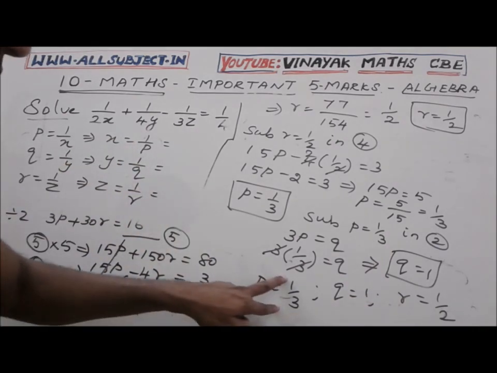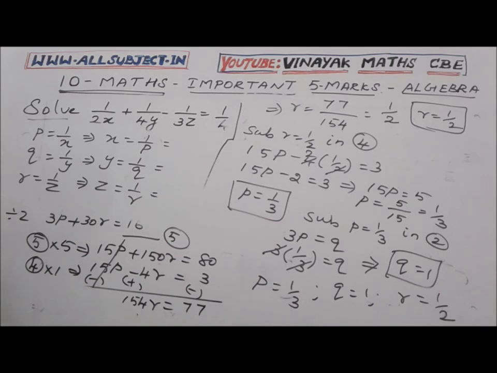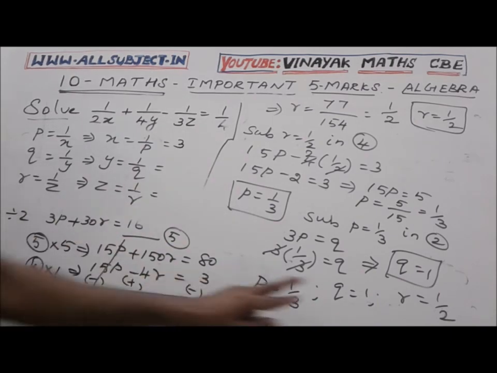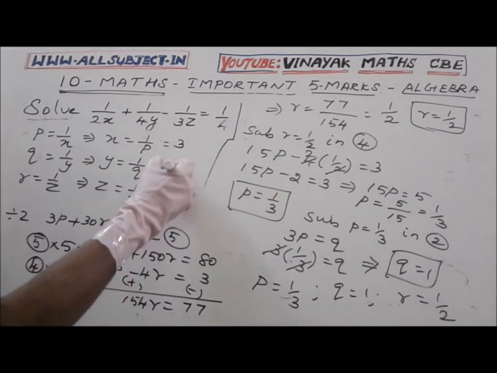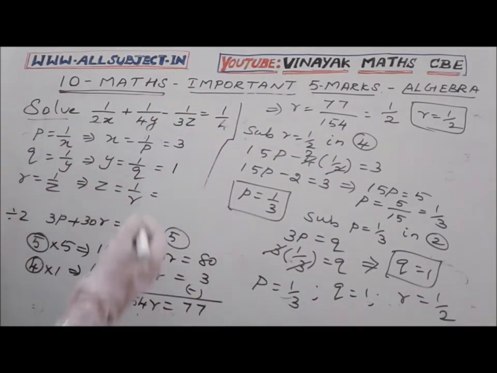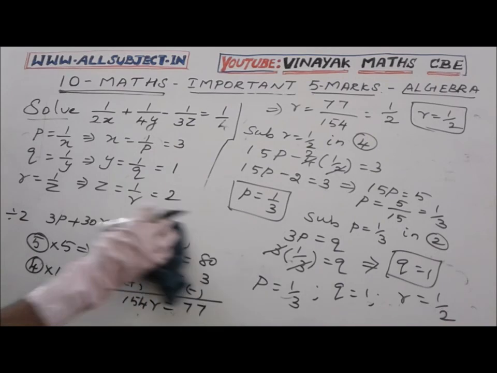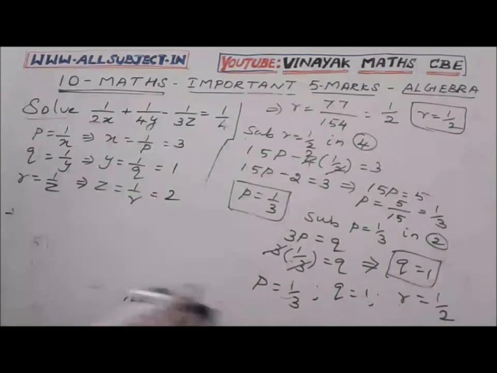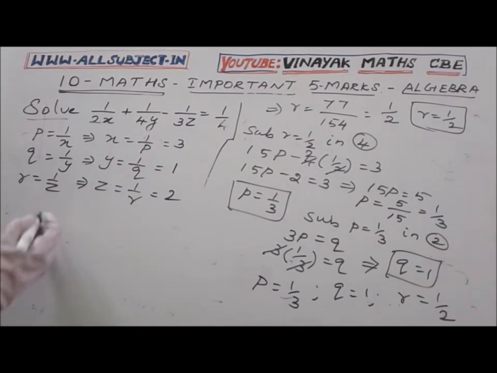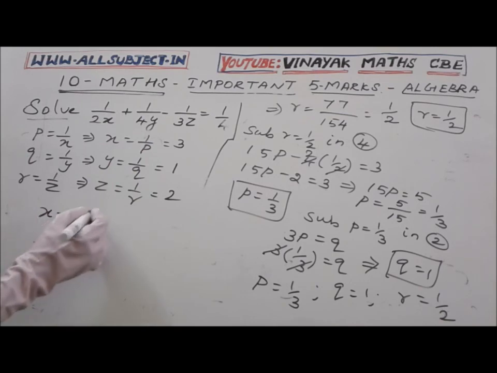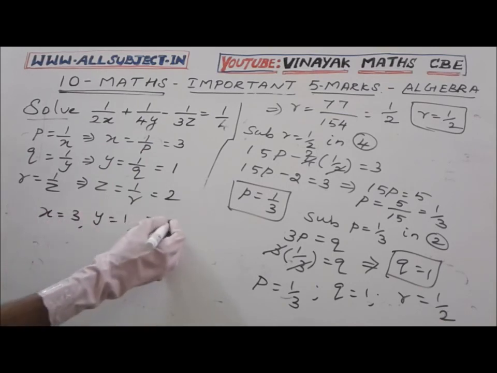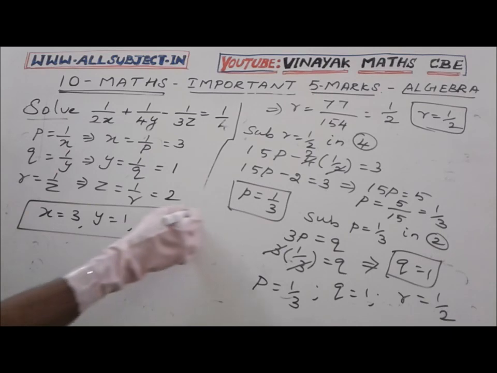The reciprocal of 1 by 3 is 3, so the value of x is 3. The reciprocal of 1 is 1, the value of y is 1. The reciprocal of 1 by 2 is 2, so the value of z equal to 2. So the solution for the given equations is x equal to 3, y equal to 1 and z equal to 2.